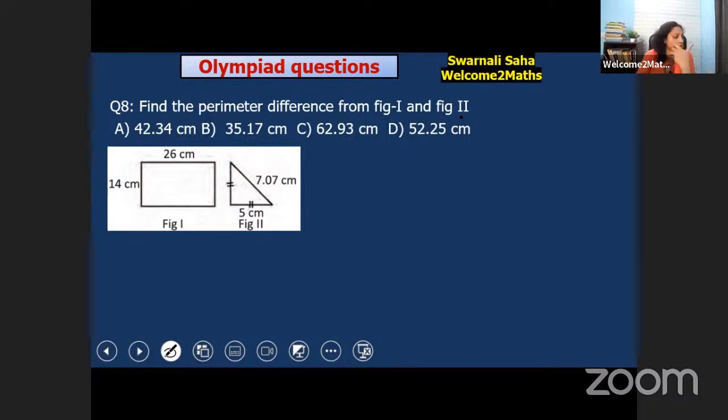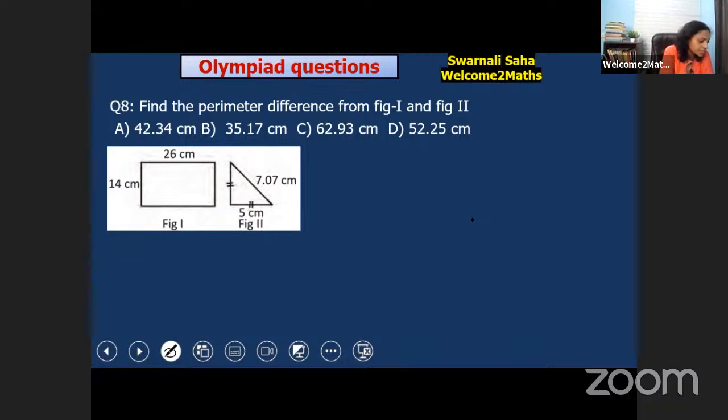Are you interested in solving the question? Otherwise, I will just explain the questions and then finish the class. So here is, find the perimeter difference of figure 1 and figure 2.